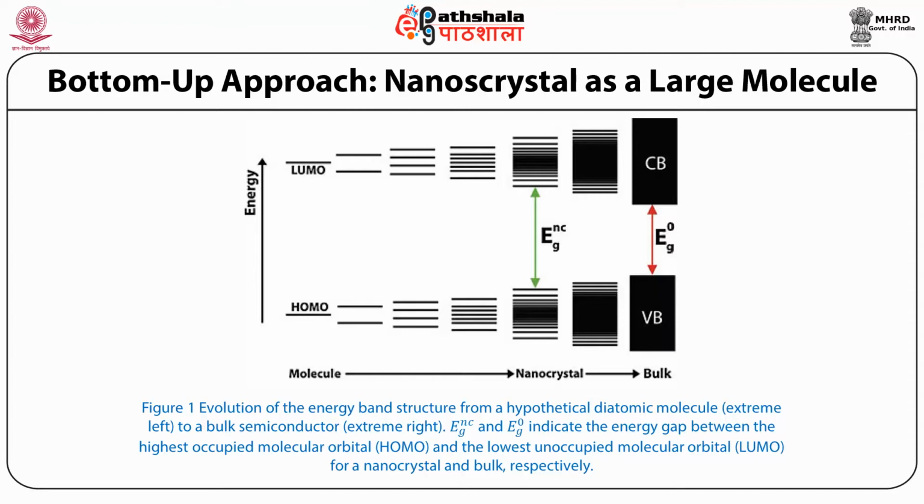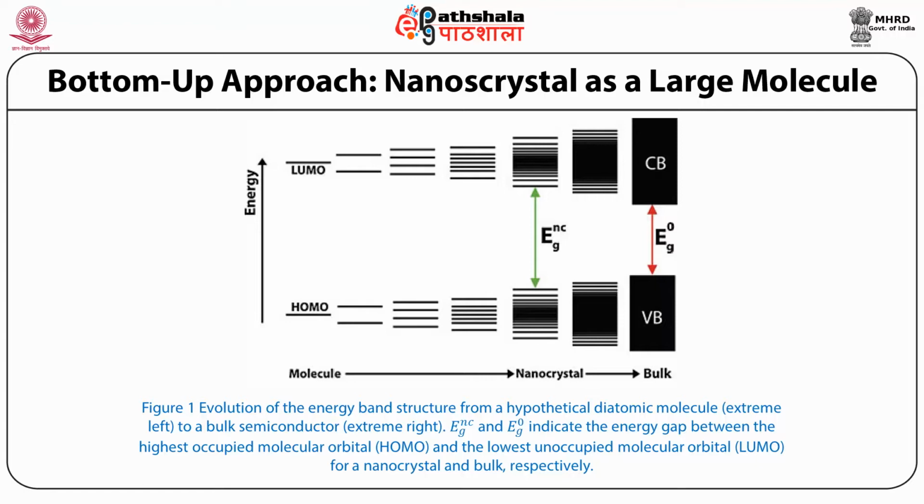So the semiconductor nanocrystal may be considered as a big molecule or a cluster consisting of a few tens to a few thousand atomic valence orbitals, producing an equal number of molecular orbitals.